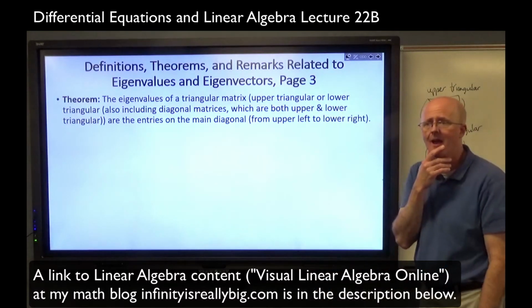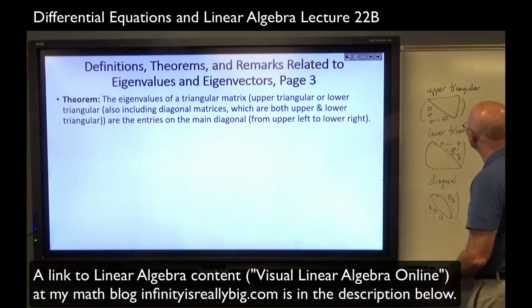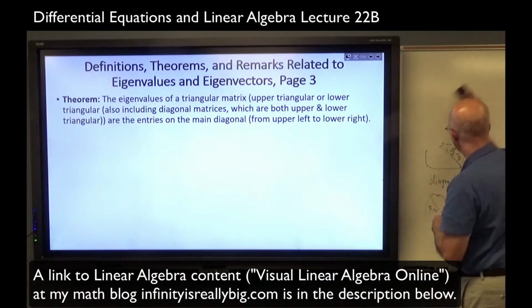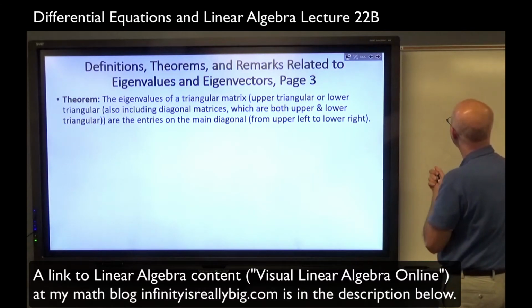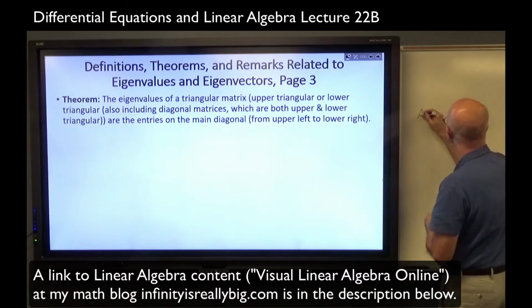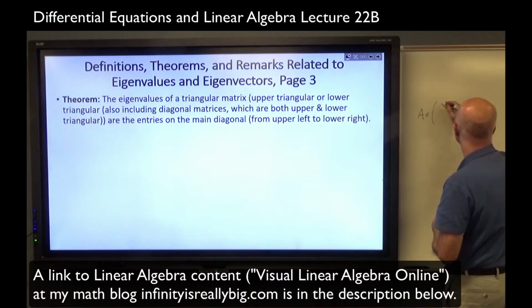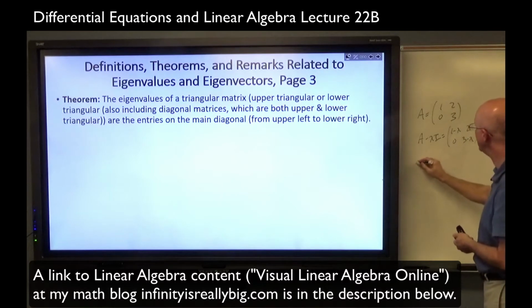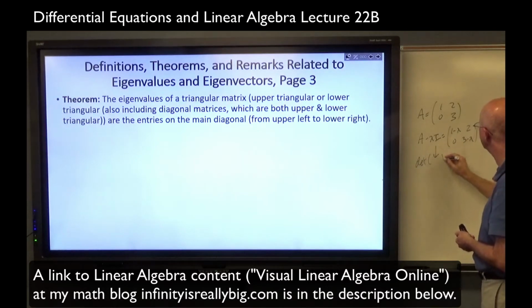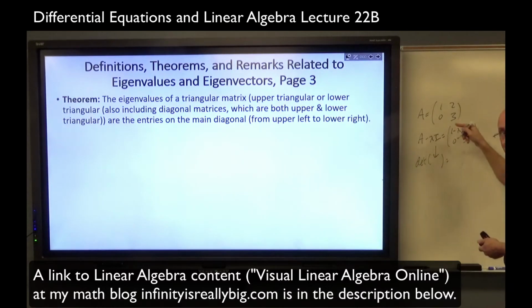Why? Think about an example. If A is, say, this upper triangular matrix, what is A minus lambda I? It would be this upper triangular matrix. And as far as the determinant of that, the characteristic polynomial, it's going to be the product of these two quantities minus the product of those two.